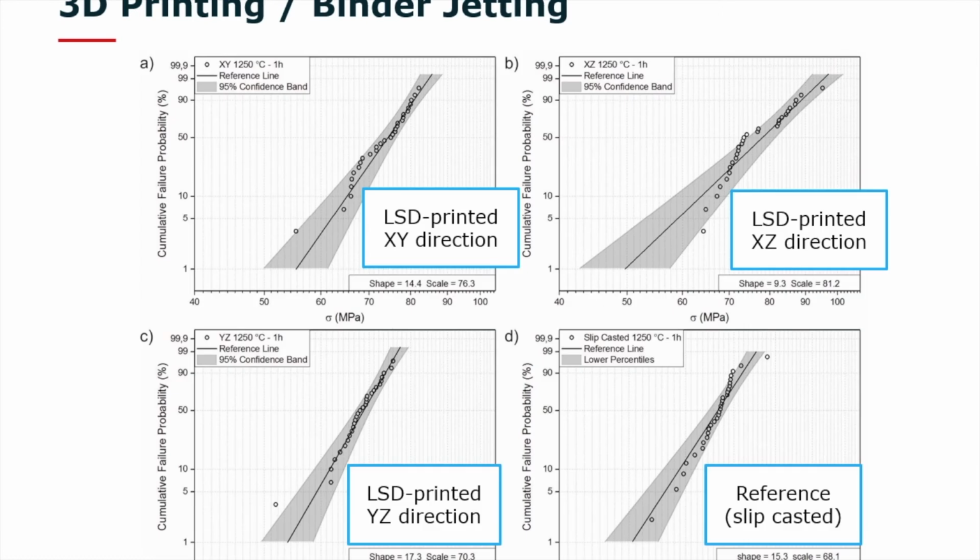And when we compare the strengths of the different directions, you see here a Weibull statistics plot, and you can see here's a nice scatter from 30 samples. And we have the XY, the XZ, the YZ directions, and the reference from a slipcast standard sample.